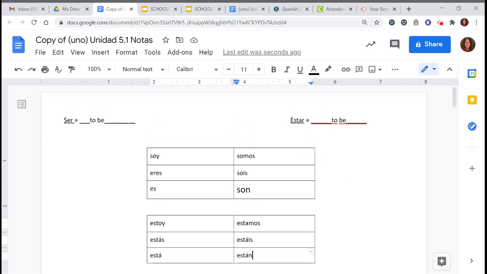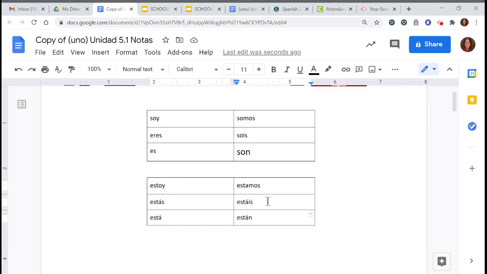When we're looking at this, if we want to say I am in Spanish, yo soy would be I am. Yo estoy also means I am. You are would be tú eres or tú estás. If we want to say he or she is, we could say es, or we could also say está. As you can see, these definitions of our conjugated forms are the same exact definitions.